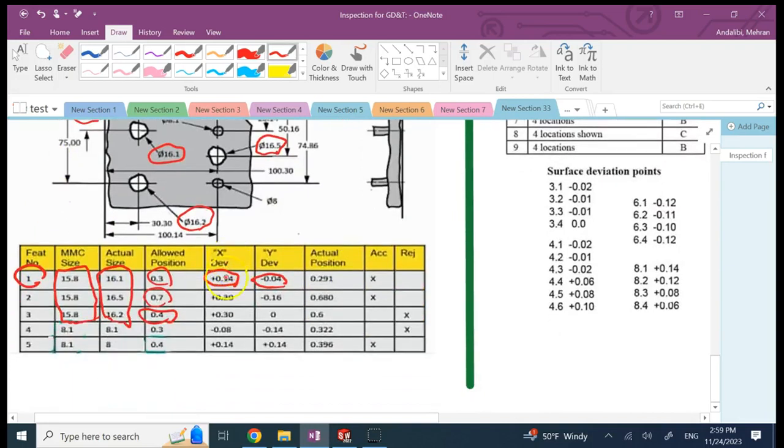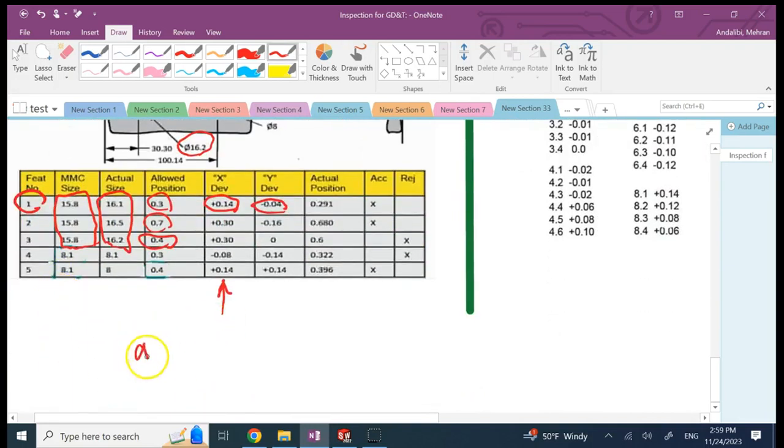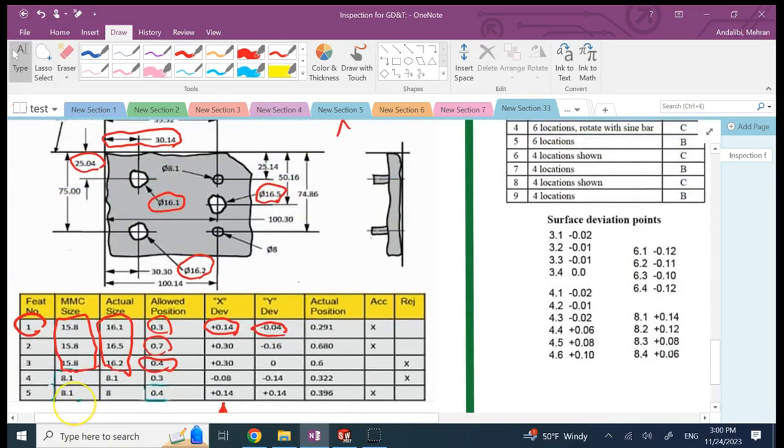So this error, this deviation in general is what? This is the actual measurement minus the nominal or basic dimension here. So in this case, I have 30.14 minus 30, that's 0.14. Now what about this case?